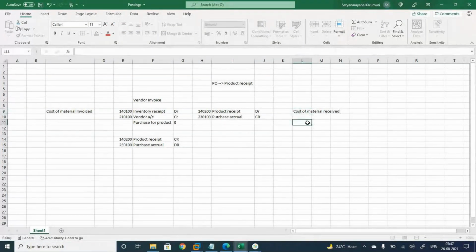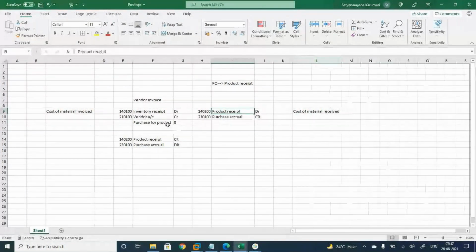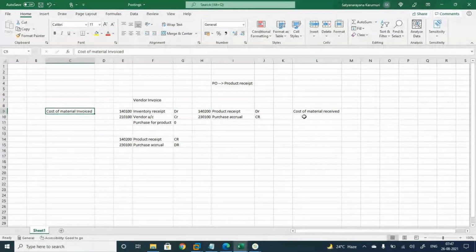Actually, in 2012 the names were like this: inventory receipt and product receipt. Whereas in D365, this name is called cost of material invoiced, and this one is called cost of material received account to purchase accrual account credit.